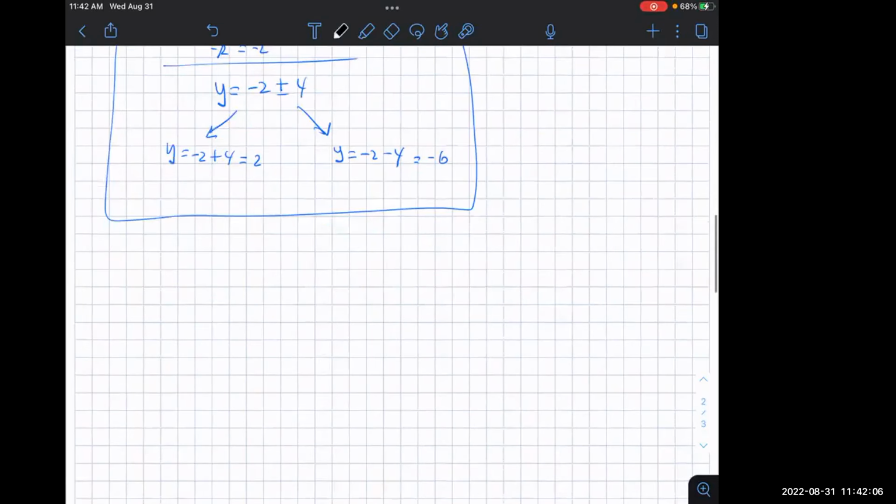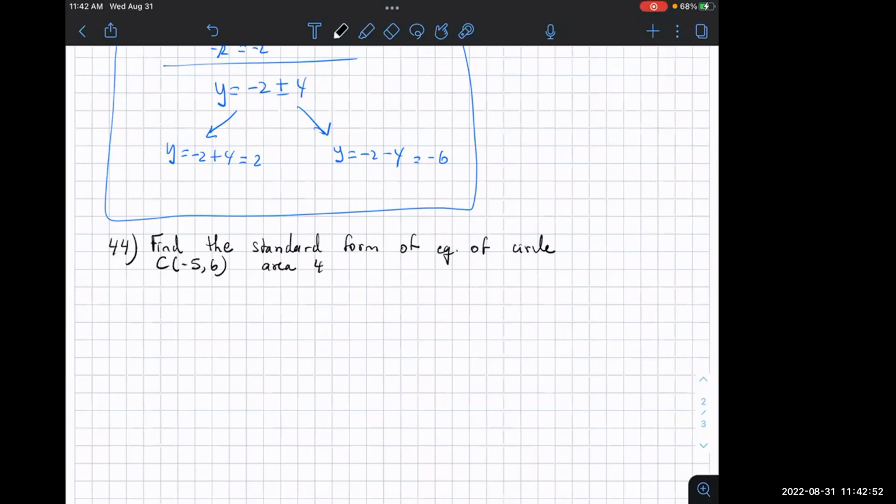Okay, so let's look at this one. It says find the standard form of the equation of the circle with center at negative 5, 6 and area 49 pi.